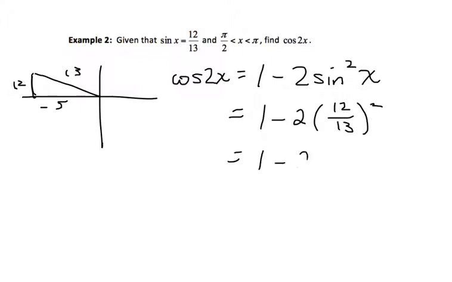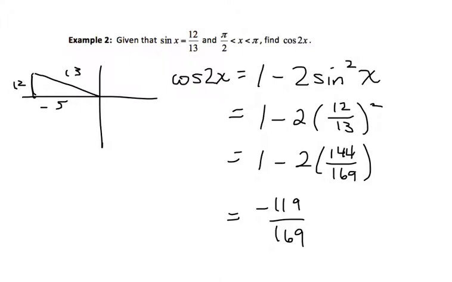So now we just have some calculations, 144 over 169, and then we can do our calculations ourselves, or we can use our calculator. So 169 minus 2 times 144, we're going to end up with negative 119/169.